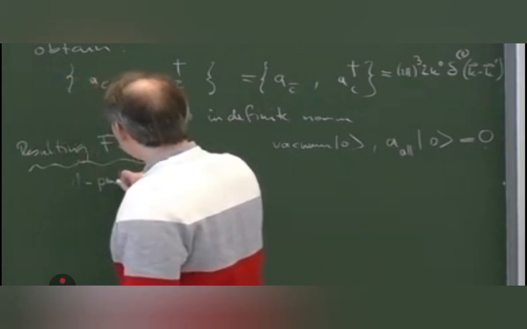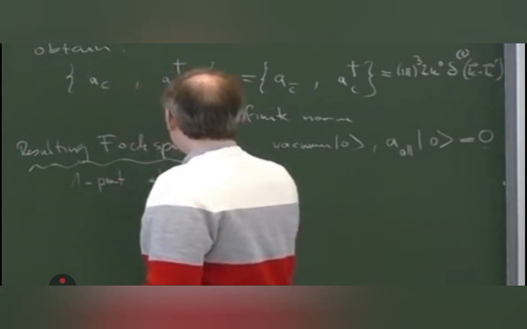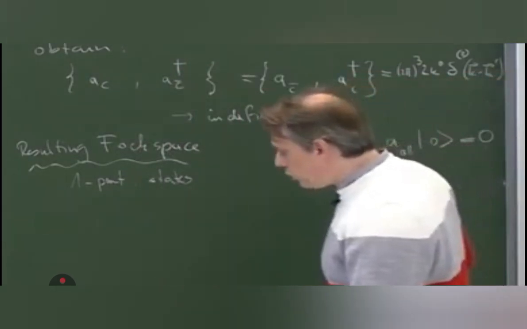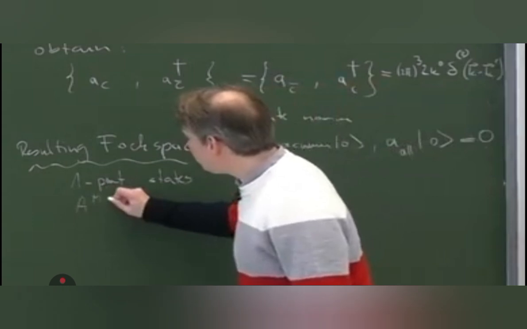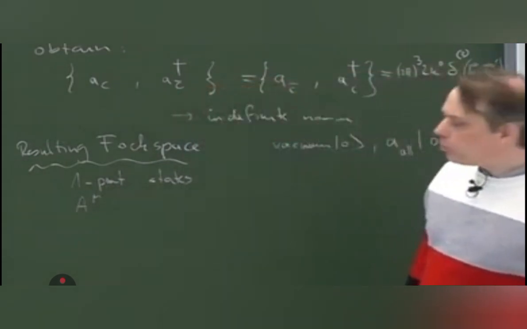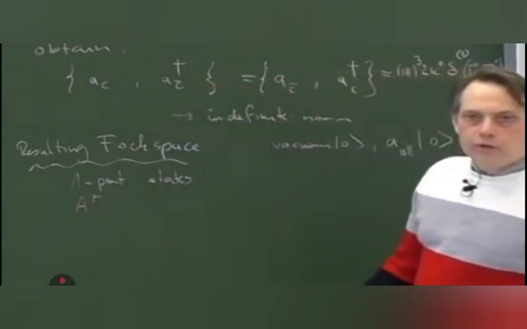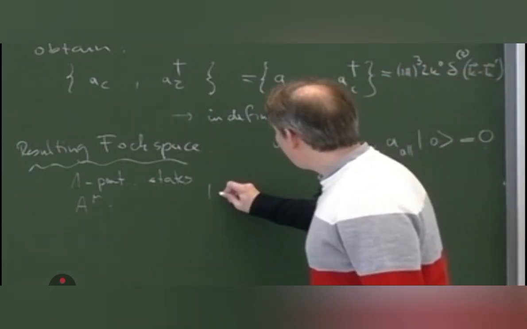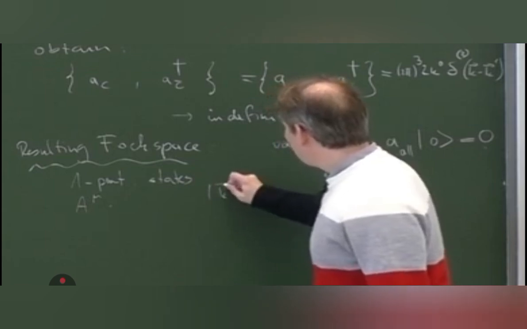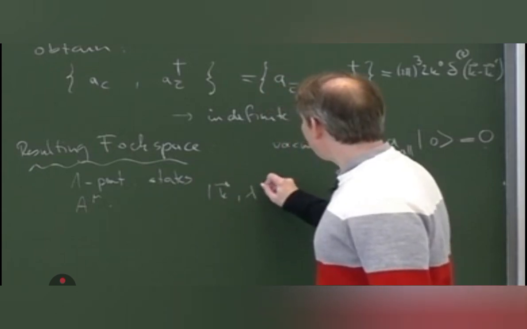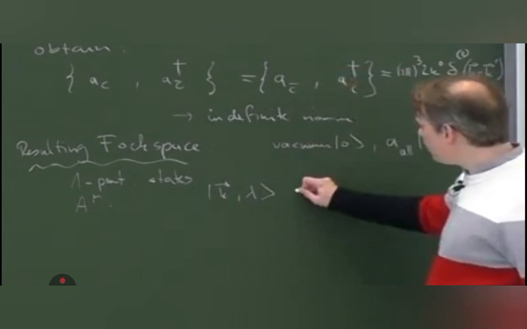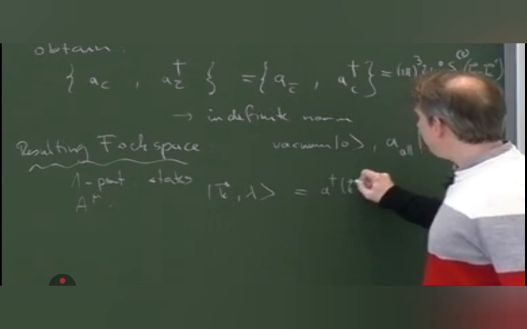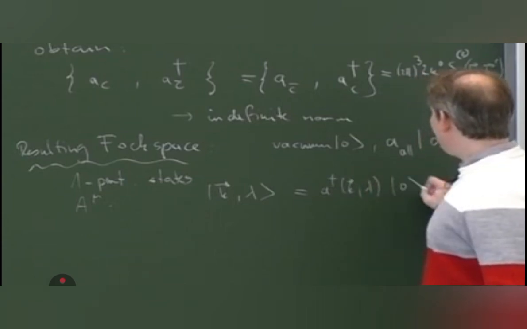Okay, whatever you do, the annihilation operators annihilate the vacuum, and then what is important for us are the one particle states, which are obtained by acting with any A dagger onto this vacuum. And then we obtain, first of all, 4 different one particle states from the vector field operator. Namely, we obtain, let's say, k vector comma lambda states, which are defined by acting with A dagger of k and lambda onto the vacuum.